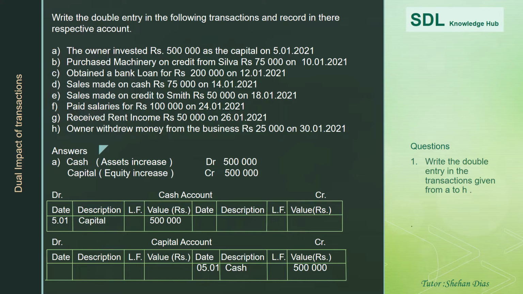Cash is an asset, it increases, so debit 500,000. Capital is equity, so increase, credit 500,000. So the cash account needs to be debited stating the description as capital, and the capital account needs to be credited stating cash, for 500,000.